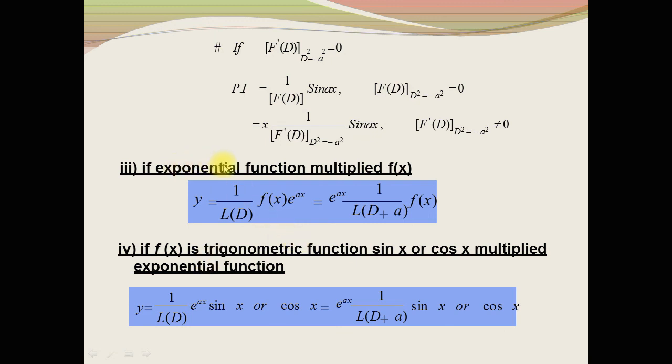And when f of x is a trigonometric function or polynomial multiplied with an exponential function, how do we find the particular solution? So these are the different cases.